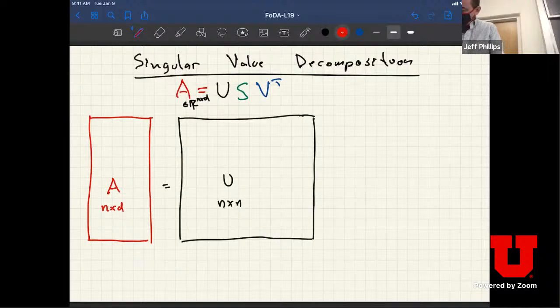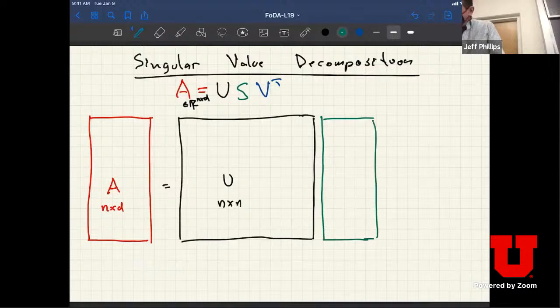S is going to be N by D also, so it's the same shape as A. It depends a little bit on the package; some packages, and the default in Python, return a different shape for S, but I'll talk a little bit about this. And then V transpose.